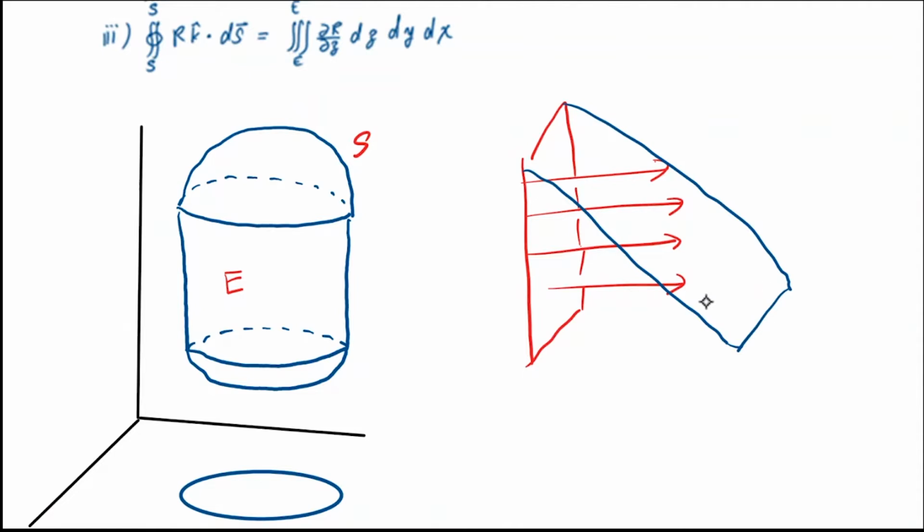This area is a lot bigger than that area, but as you can see from the picture, it'll catch exactly the same amount of flux lines, the field lines. Good. So whatever the blue surface is catching has to be exactly the same as what the red surface is catching. You know what I'm saying?